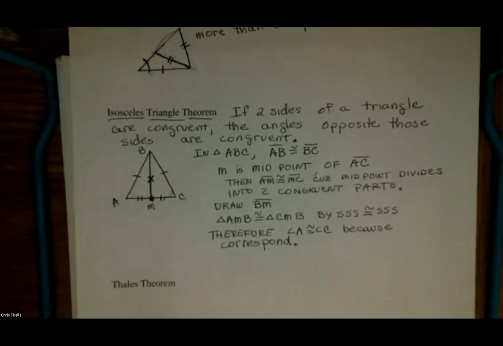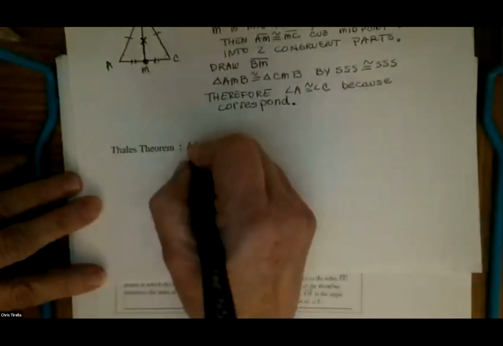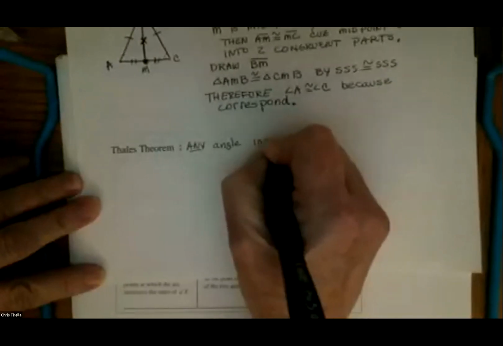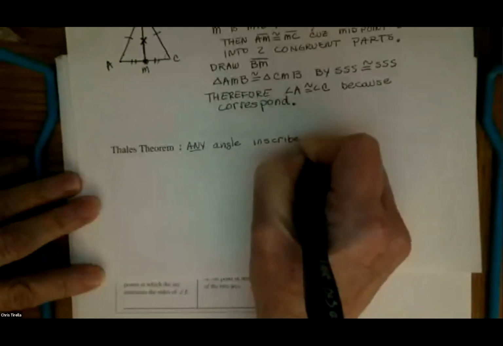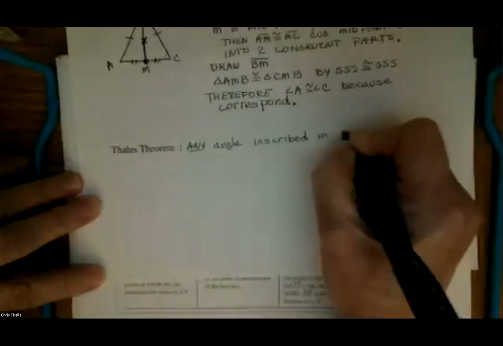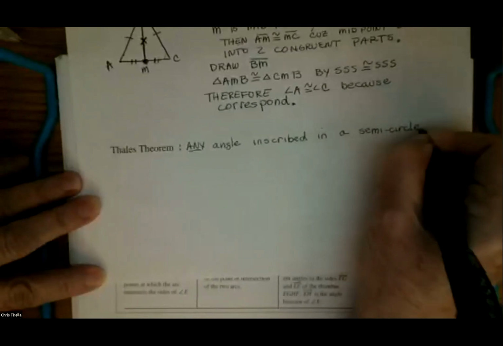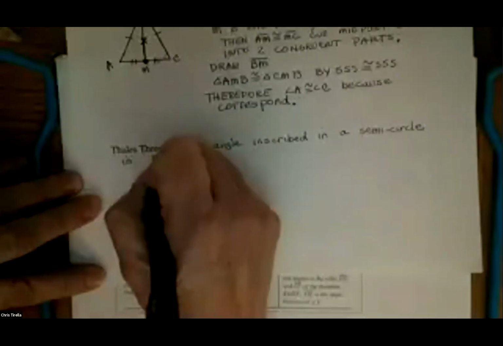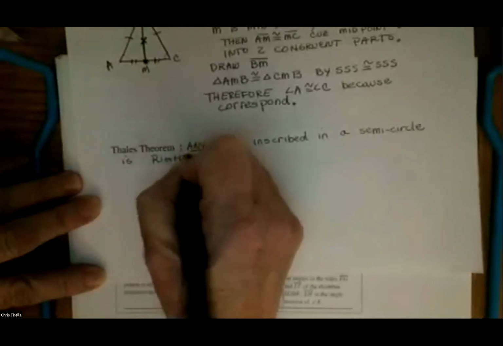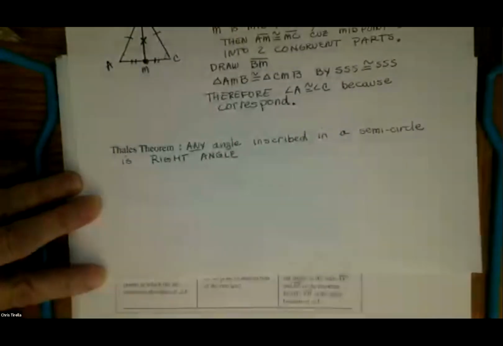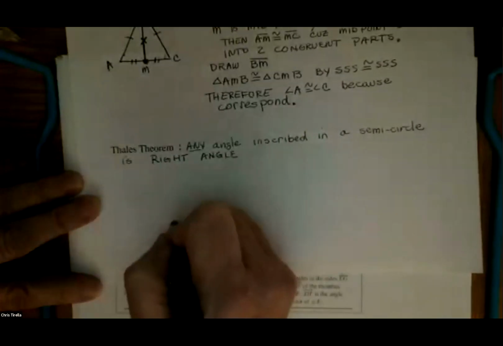This is going to be Thales' theorem, and Thales' theorem says that any angle inscribed in a semicircle is a right angle. Wow.